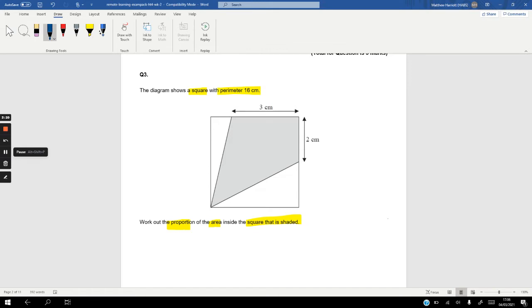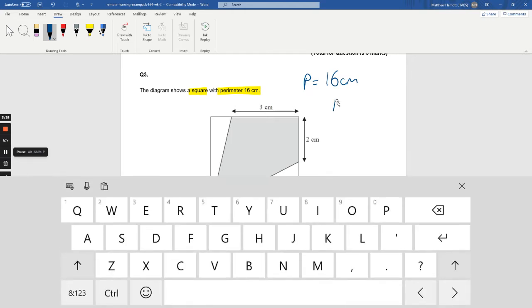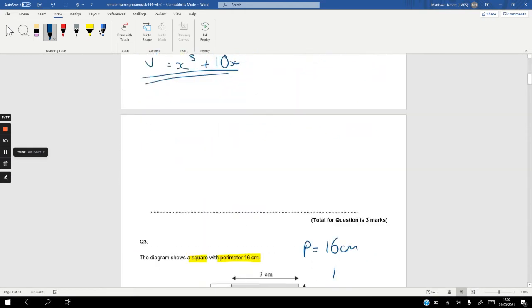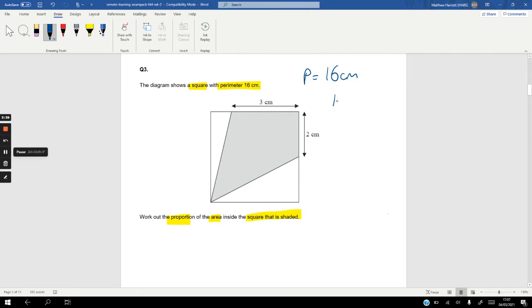If we know that a square has a perimeter of 16 centimeters, I want to think about how I can find the side length of that square. Because it's a square, every single side is the same. So one side is 16 divided by 4, which is 4 centimeters.